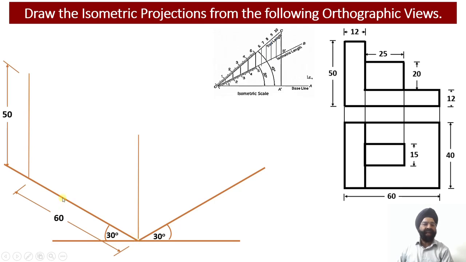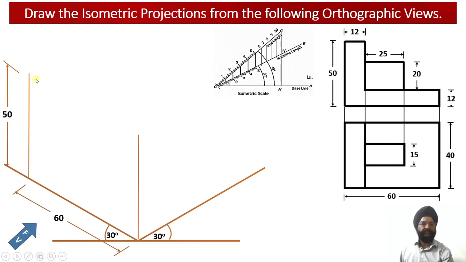Having marked the length of the solid 60 millimeter along the x-axis and the height of the solid equal to 50 millimeter along the y-axis, now we can complete the front view face of the solid.